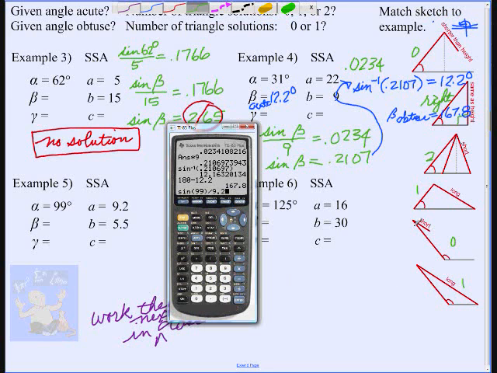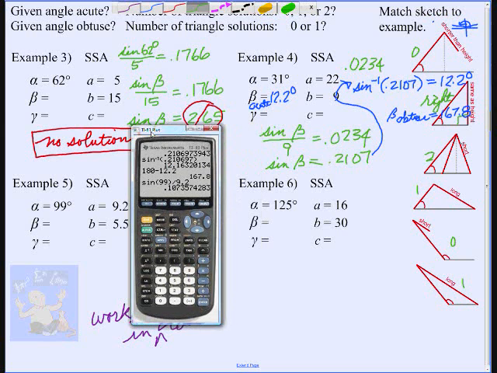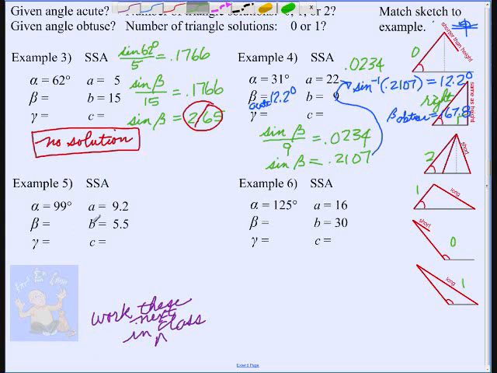This is my B here, and this is my A. And the A is clearly longer than B, so that is good. I think we have one triangle here. The ratio is 0.1074, sorry.